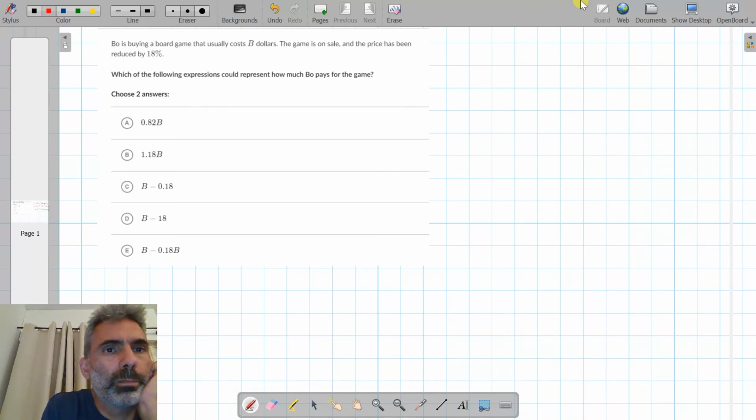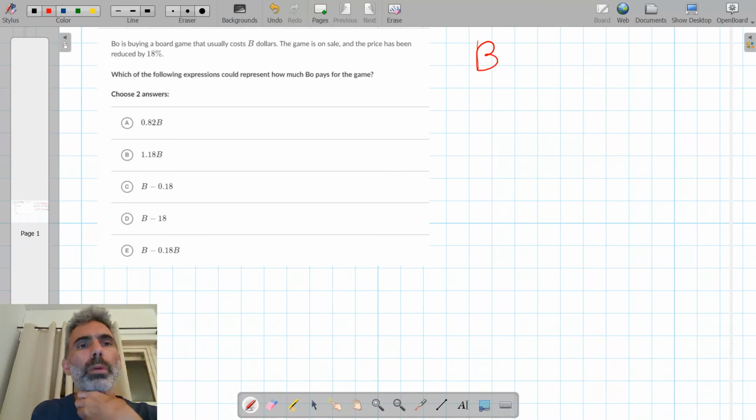Bo is buying a board game that usually costs B dollars. So B is regular price. The game is on sale and the price has been reduced by 18%. Okay, so B minus 18% of B is the new price.